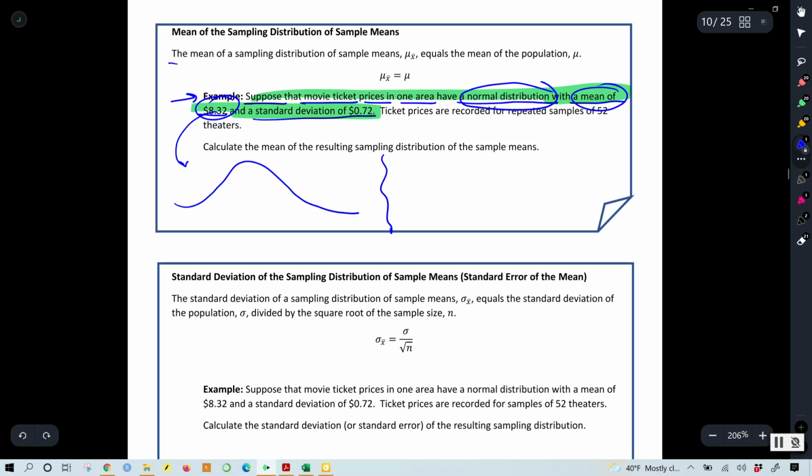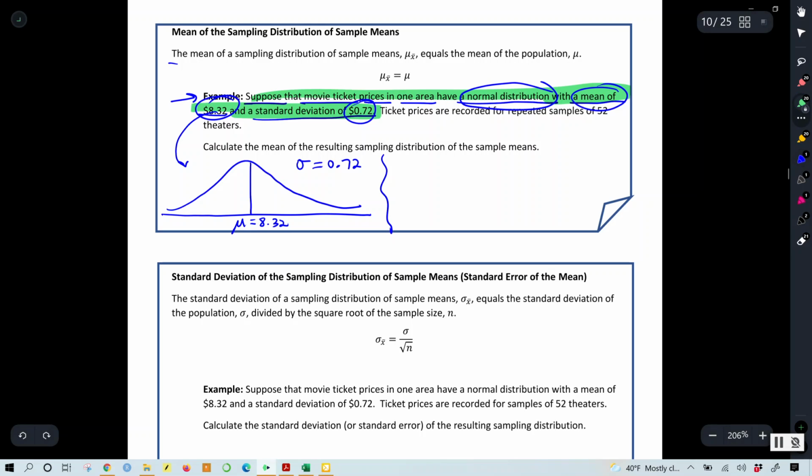It has a mean value of 8.32 and a standard deviation of 0.72 in the entire population.